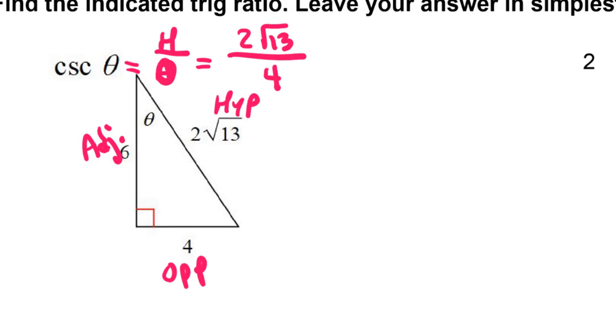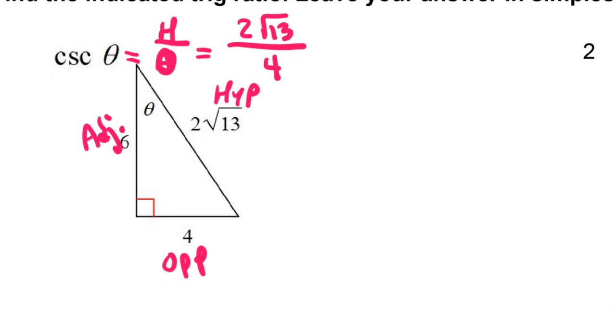Ha! I was thinking hypotenuse over opposite. So if you need to write down 2 square root of 13 over 4, you go right to there, and if you forget to write the H and the O, the hyp and the opp, that's fine. But just be careful. Make sure that you reduce, so you would end up with square root of 13 over 2. And that's it. To find cosecant, you just have to make sure you pick the right two sides, write down the ratio, and reduce if you need to.